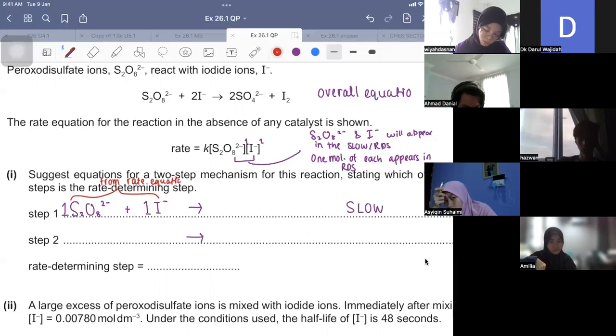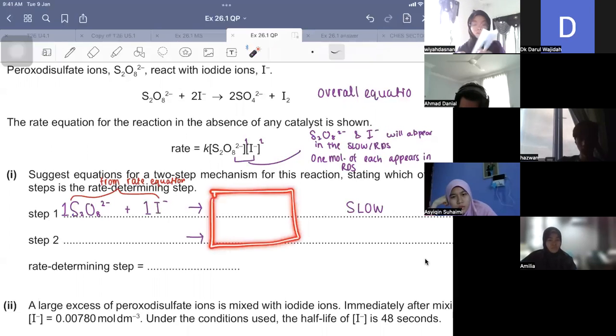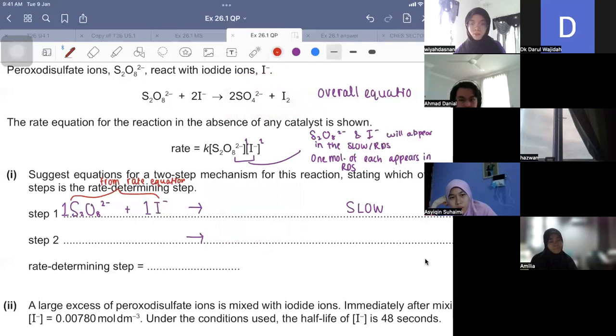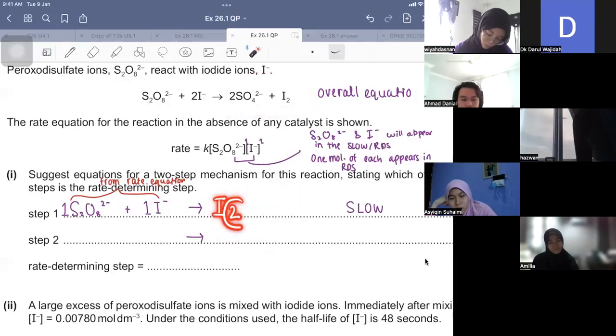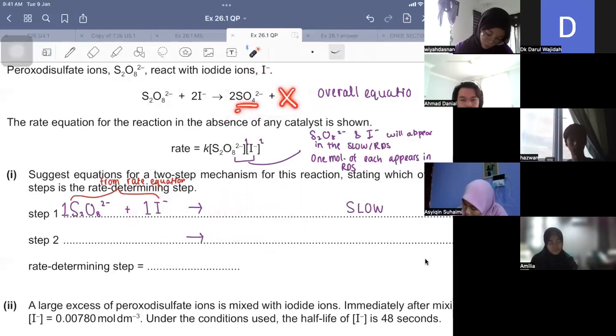Next step, I don't know what my product is, but I know that my product will need to have either sulfate or iodine. Let's try iodine first, and I'll tell you why it cannot be iodine. If I say it produces iodine, I cannot balance the number of iodine, so it has to be sulfate.